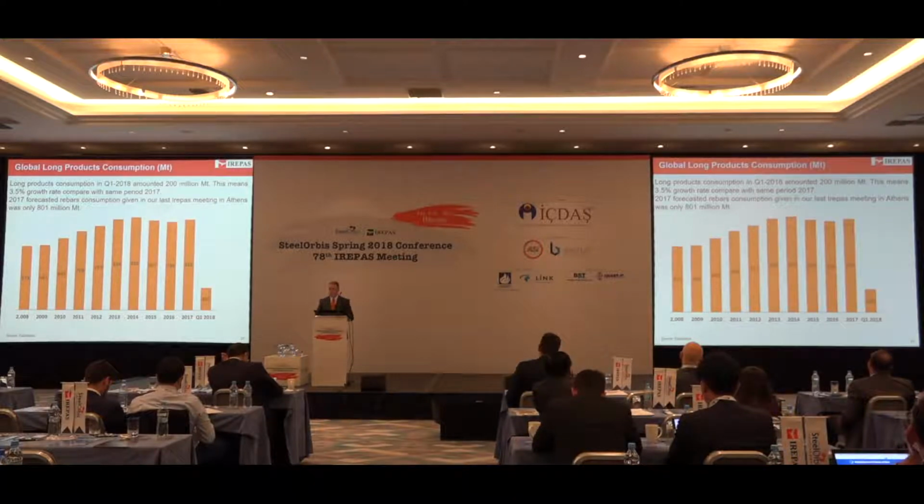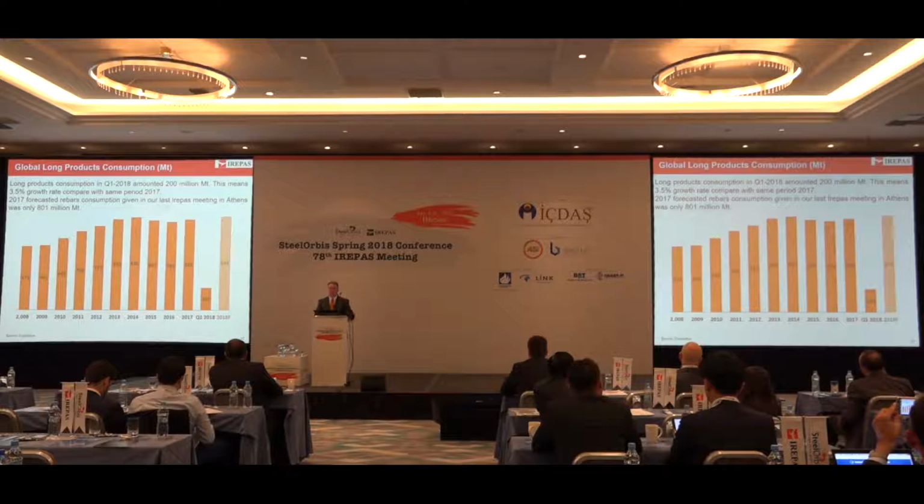So the consumption of long products has been 200 million tons. And if we extrapolate this 3.5% for the next quarters, we will find a figure of 843 million tons of long products consumption worldwide. And ladies and gentlemen, this is the highest long product consumption that we have ever enjoyed in our history.